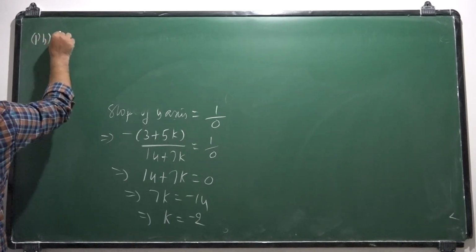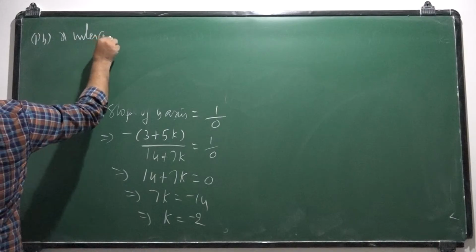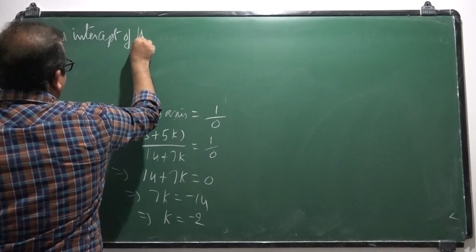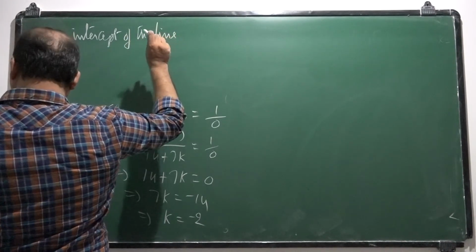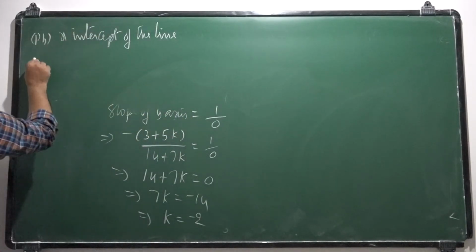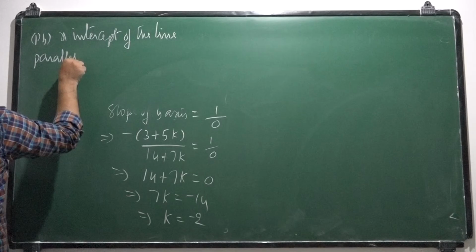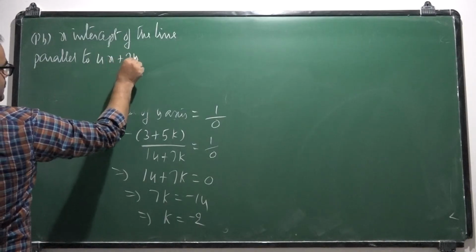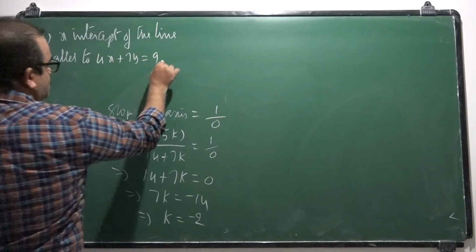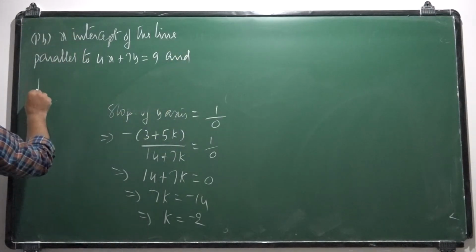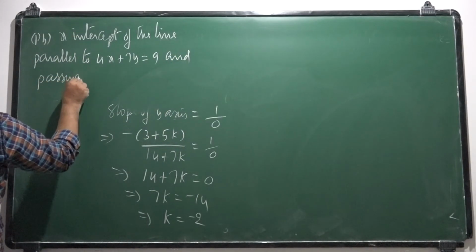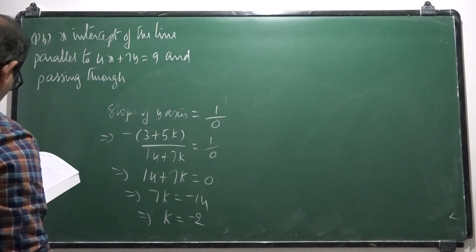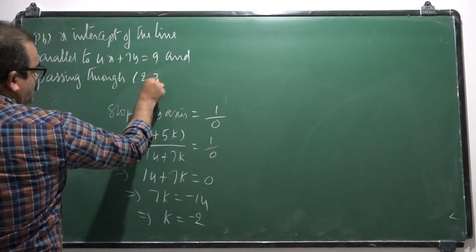Next problem. The x-intercept of the line parallel to 4x + 7y = 9 and passing through the point (2, 3) is.